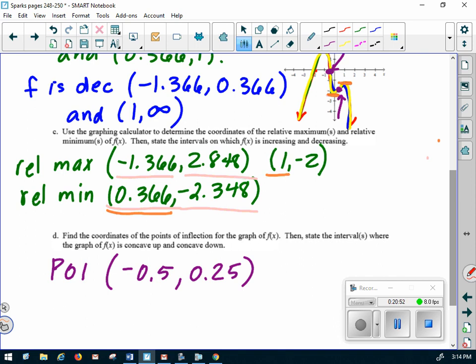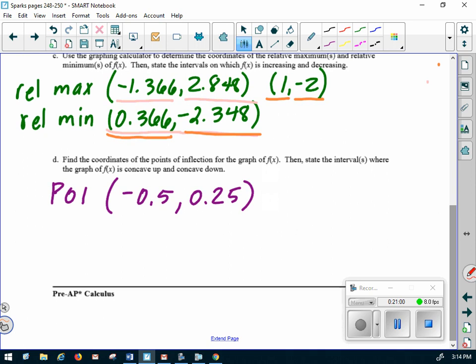We're going to add those x values up and divide by 2, add those y values up and divide by 2. If you do that on your calculator, you should have about 0.683 as the x value and -2.174 for the y value. So those are your 2 points of inflection.